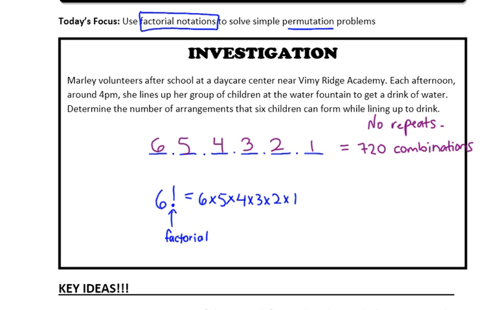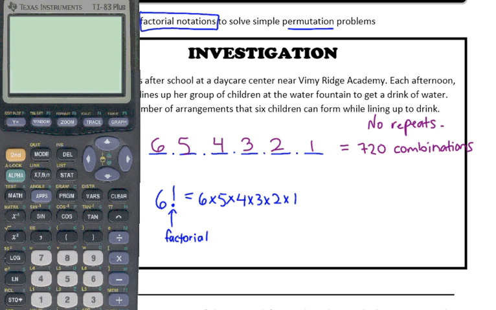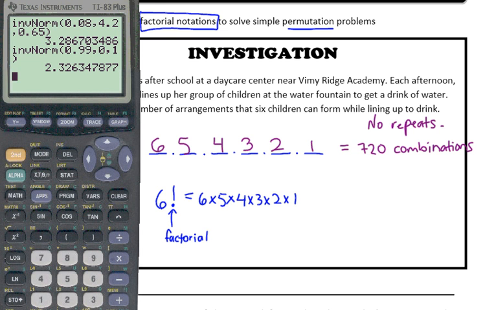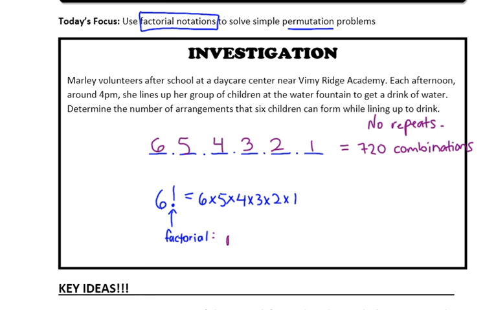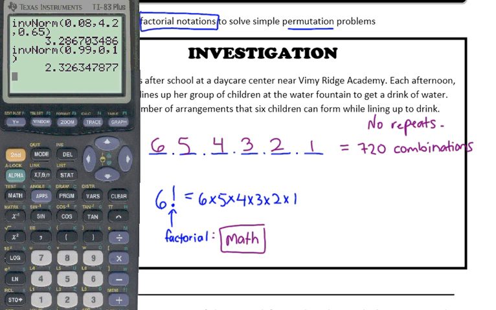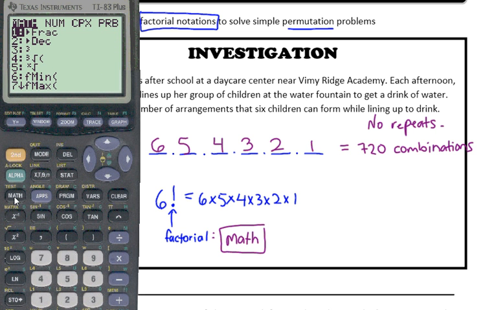And so there actually is a way to type that into your calculator. And how do we do that? Well, let's write that down. So in my calculator, of course, I would push the 6. To get the factorial, you want to push the math button. So we get it from math. And if you push math, we actually want to go 1 arrow to the left of probability or 3 arrows to the right. I find 1 left is a lot faster.